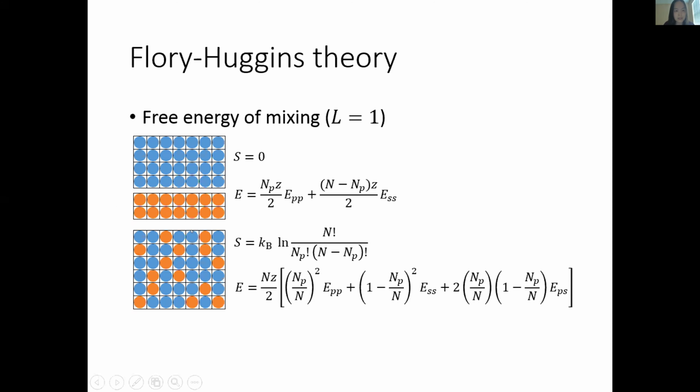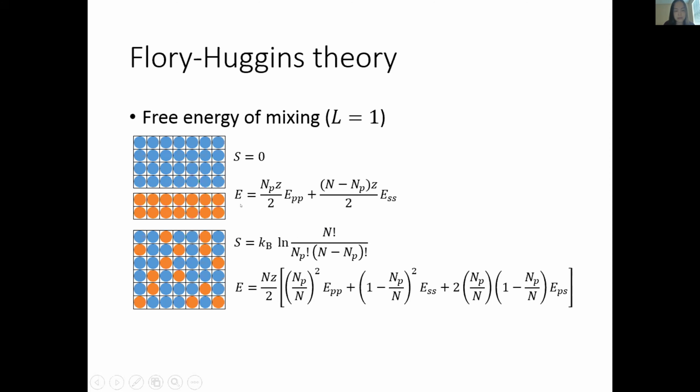Now for the mixed system, the entropy is k_B times log of the number of configurations. Here we have many different configurations because we can choose N_P polymer sites out of the total number of N sites. That is the total number of configurations, and this is the entropy in the system.